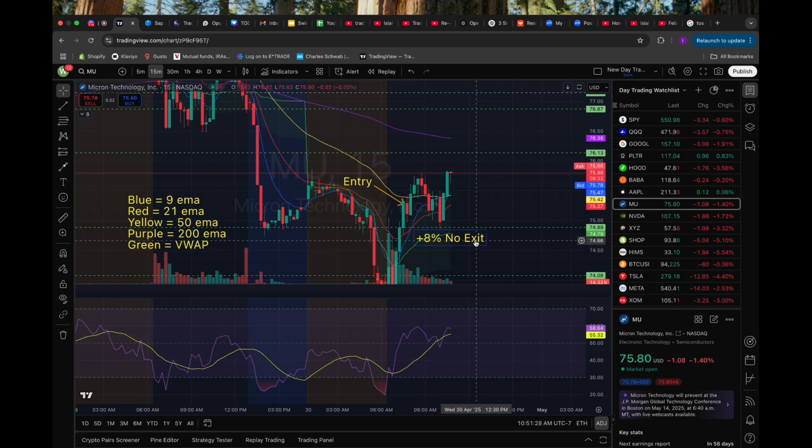Because I was expecting it to come a little bit lower, maybe about 12 to 15%, okay? And this is what they mean when they say see profit, take profit, all right? So right here, I was at 8%, but I did not exit my trade, okay?